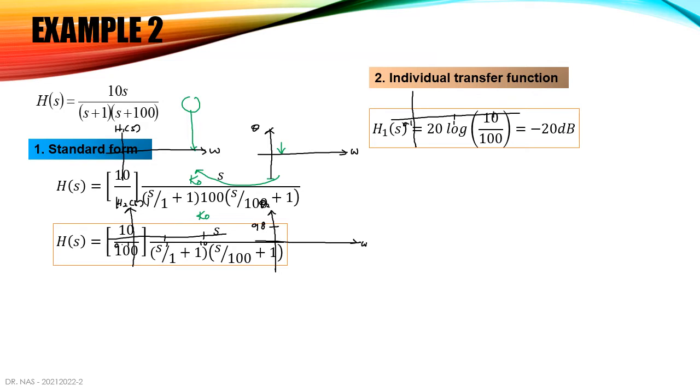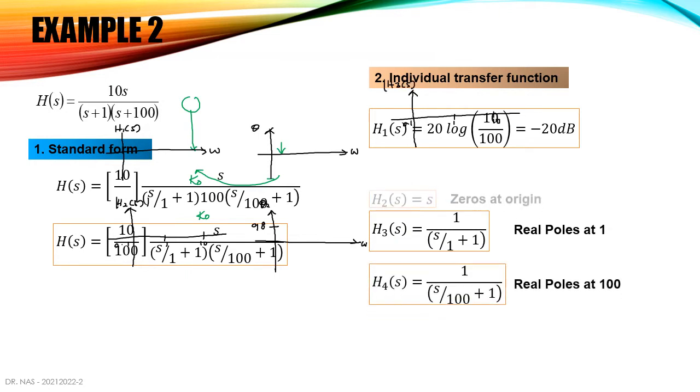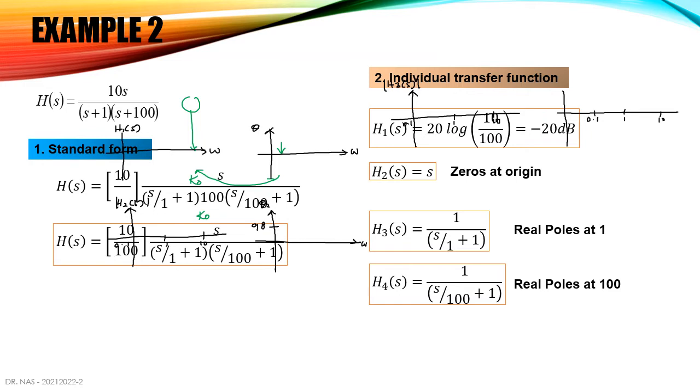There's no bracket, so you know it is zeros at origin. Sorry, supposed to be zeros at origin. The transfer function for this component is H2(s) equal to s.